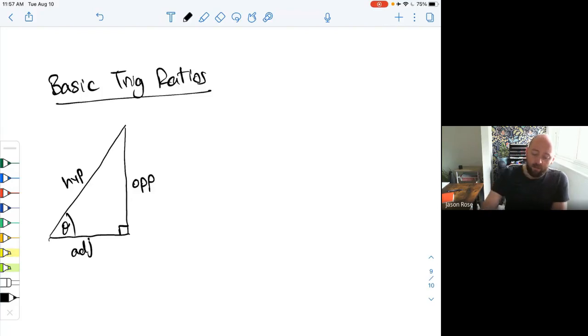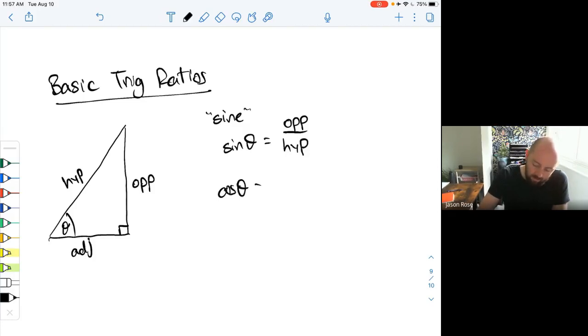And so the definitions of sine, cosine, and tan, we're going to start by defining them. Sine is spelled S-I-N-E. Sine theta is the opposite over the hypotenuse. Cosine theta is the adjacent over the hypotenuse.